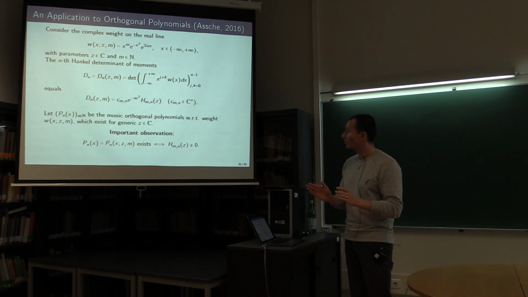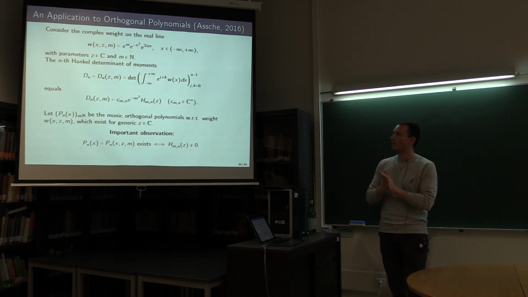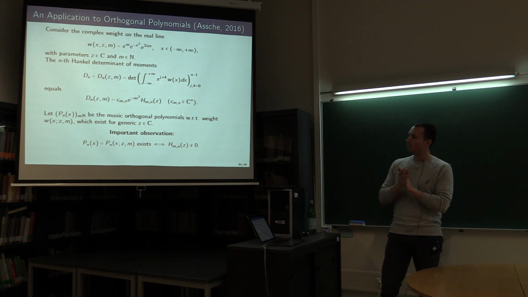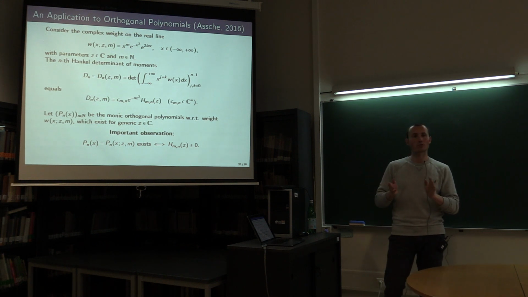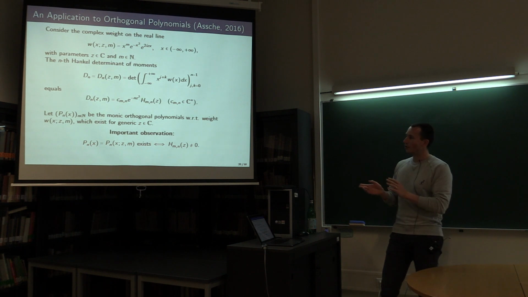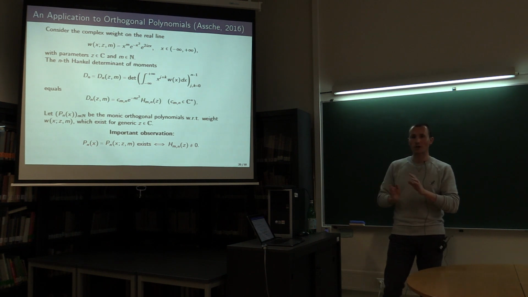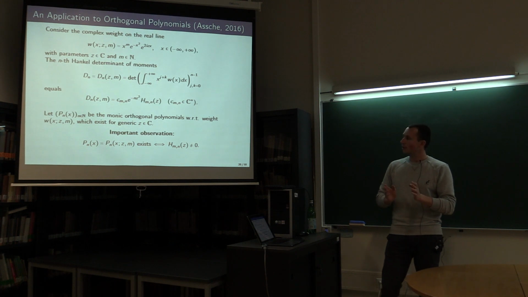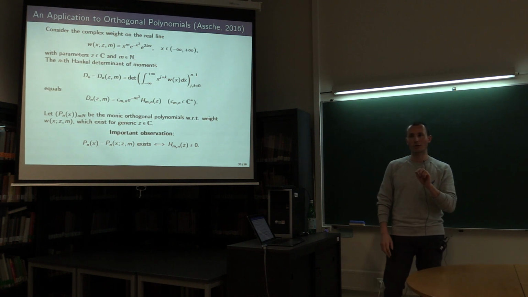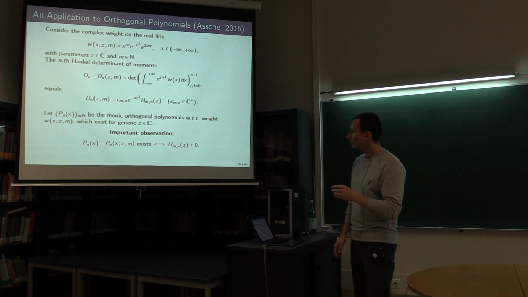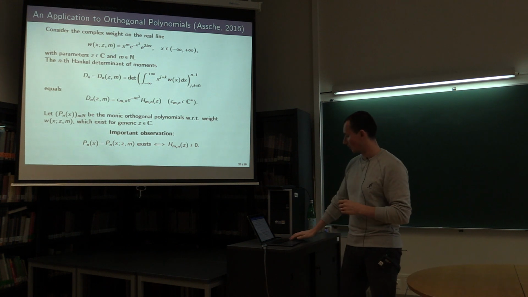So what it means is that if you try to find a sequence of orthogonal polynomials with respect to this weight, the generalized Hermite polynomials give you the exact condition for which this is possible. It is not possible if the parameter z is a zero of one of these Hermite polynomials H_{m,n}. And I'll come back to this application later on.